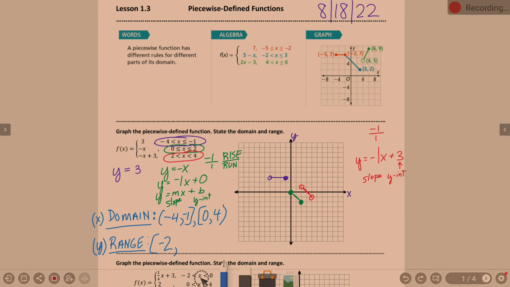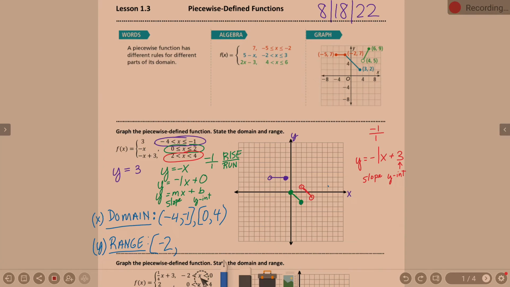Now, as we move up, we know for sure that this green line goes up to 0, doesn't it? But then, isn't the red line kind of overlapping in terms of y values? Right here we would say this goes from -2 to 0, but keep going, because the red overlaps starting at -1, but how high does it go?